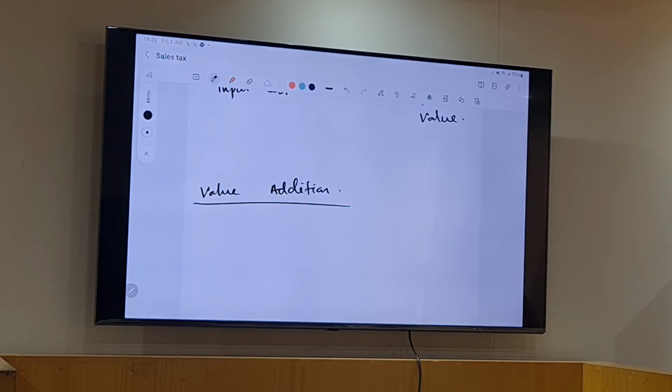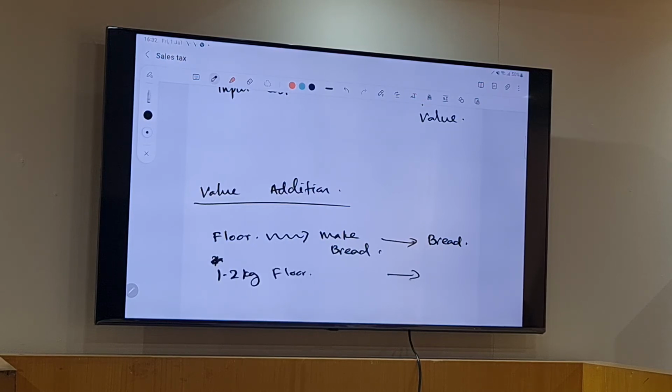See, I buy flour, and then I make bread. When I put 1.2 kilogram of flour, maybe I will have 500 gram worth of bread.